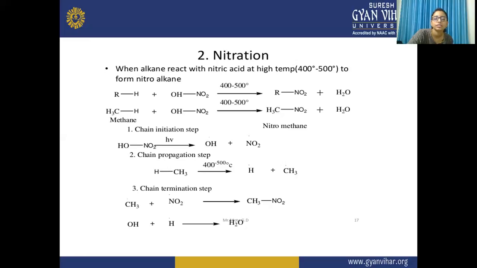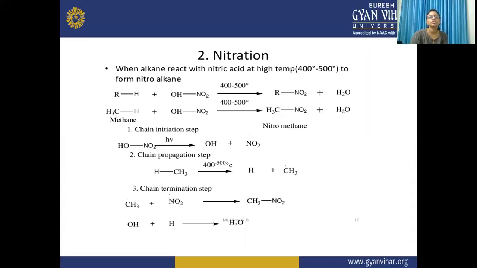So in the chain initiation step, OH NO2, when heated or in the presence of ultraviolet light, will fission. There will be a homolytic fission. So in the next step, chain propagation, this H-CH3, this methane, the H will also abstract out from here at high temperature, and there will be a formation of H radical and CH3 radical.